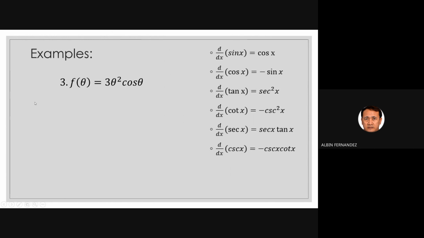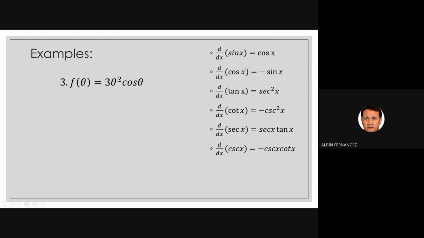For the last example, we have f of theta equals 3 theta squared cosine theta. So instead of x, what you're seeing here is theta. So that means our variable is theta.